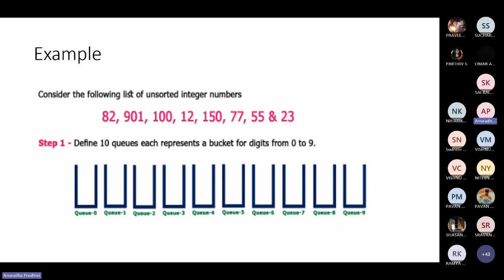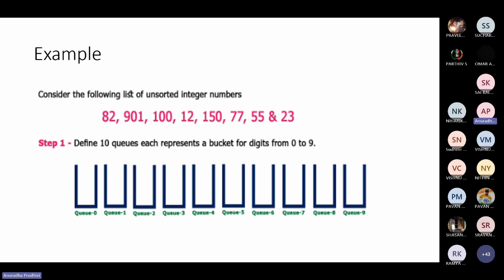Here we are not storing the entire number. We are storing the least significant digit in the array. From that array, we perform counting sort on the least significant digits. Finally we get the list in order.